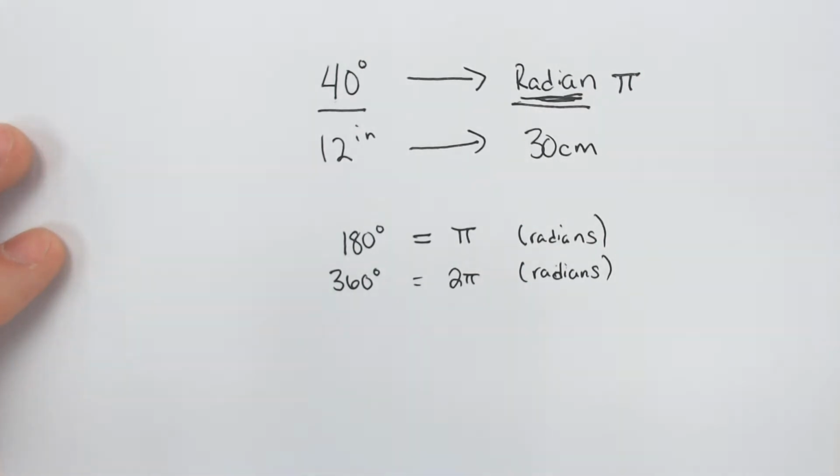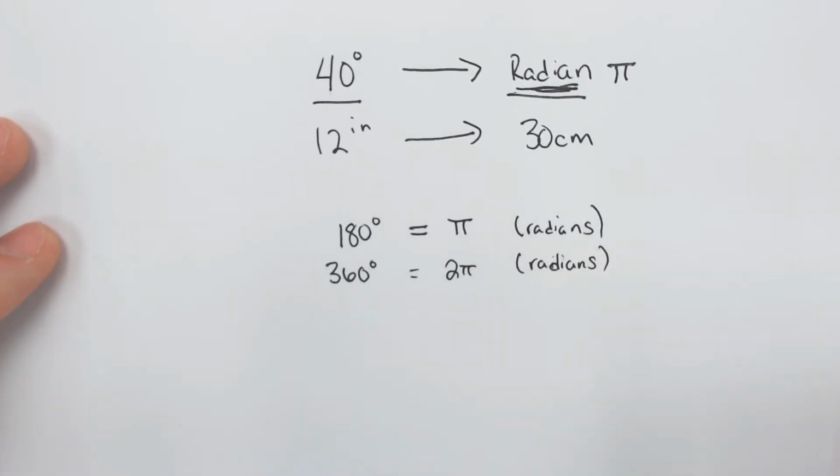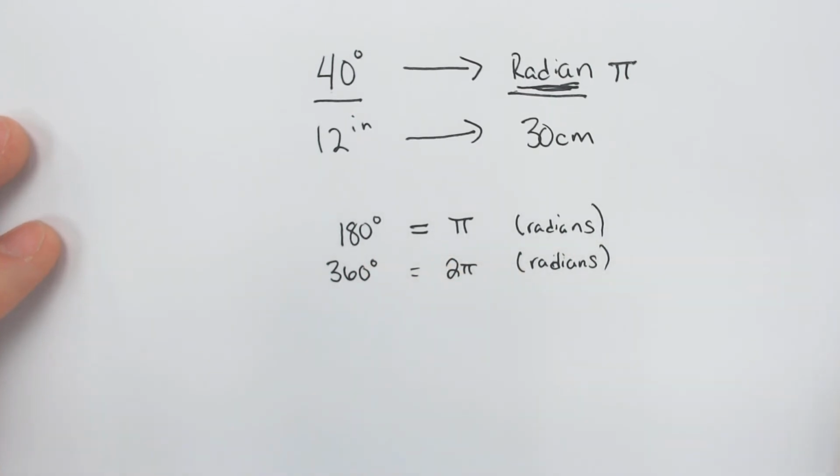And the reason that this was developed, and yes, this was developed, nobody just discovered radians. Somebody said, I like that, and then they chose it, just like we liked 180 and 360. For some reason, those numbers were liked, and were chosen to be for the angles in a triangle and the angles in a circle.